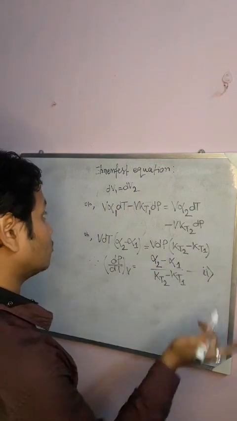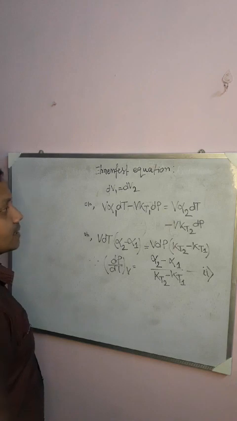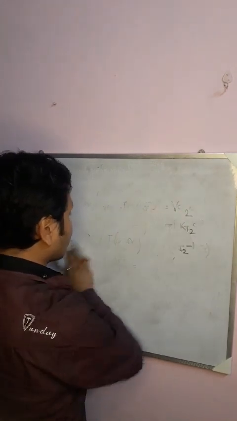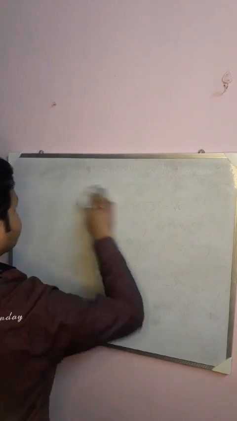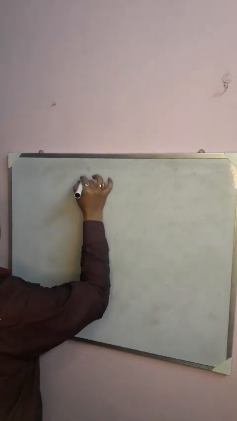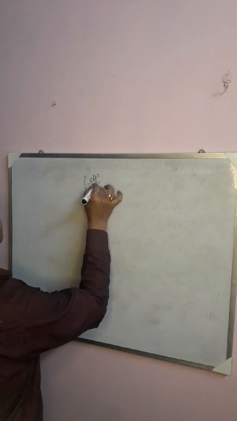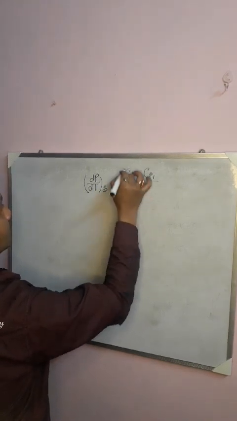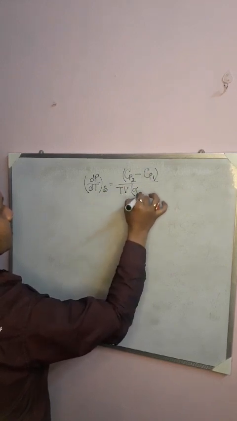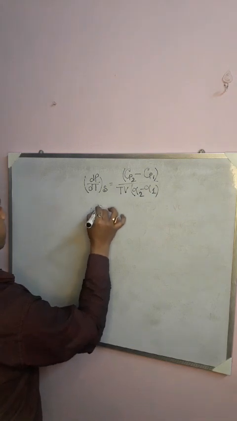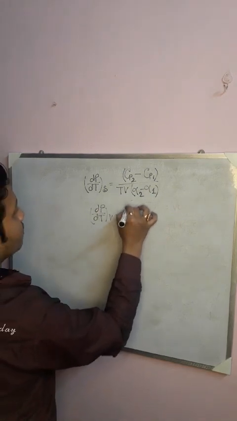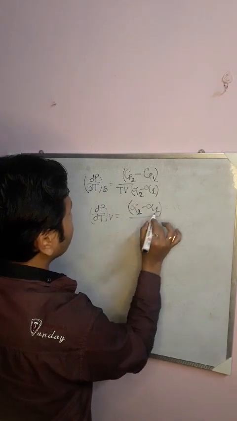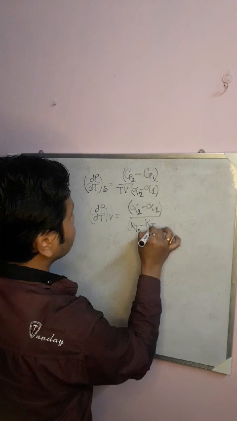So this gives a name, equation 2. Equation 1, which I wrote previously, and equation 2 are known as the well-known Ehrenfest equations, so I write them again. dP dT at constant S is (Cp2 minus Cp1) by T V (alpha 2 minus alpha 1), and dP dT at constant volume is (alpha 2 minus alpha 1) by (Kt2 minus Kt1).